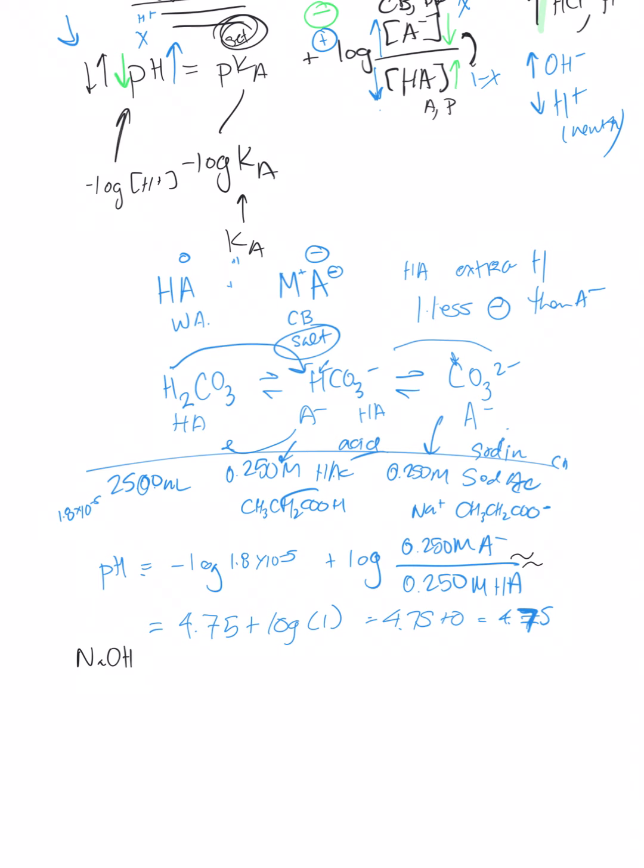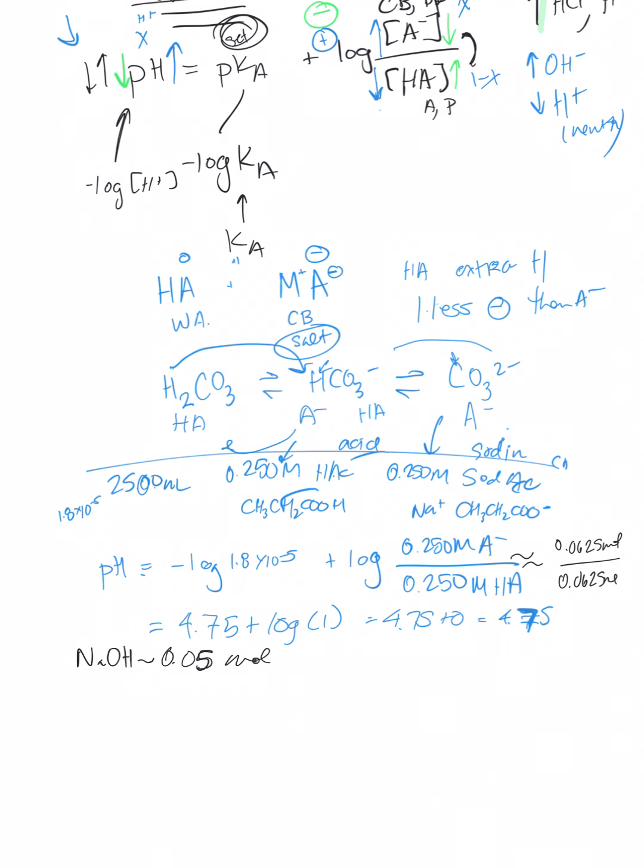So we could do 0.25, so times 0.25. That would actually give us 0.0625 moles over 0.0625 moles as well. So let's say we add 0.05 moles of NaOH. What's going to happen to the pH if we add 0.05 moles of NaOH?